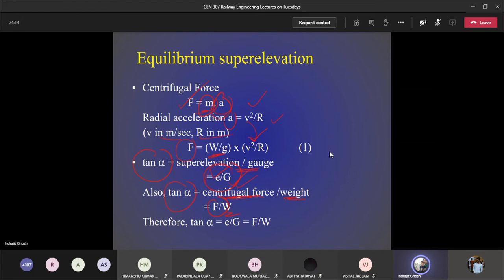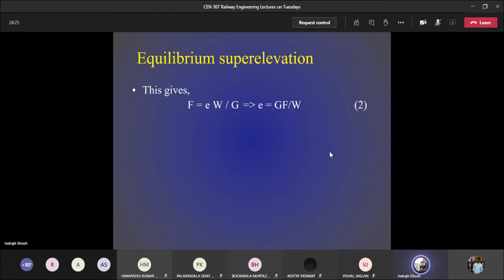So tan theta is E over G, and also F over W. So tan theta equals E over G equals F over W. Putting those values in the equation above, F is equal to EW over G, or E is equal to GF over W. So we have one first equation. If we combine both equations, we get E is equal to G m v squared over R divided by m g.